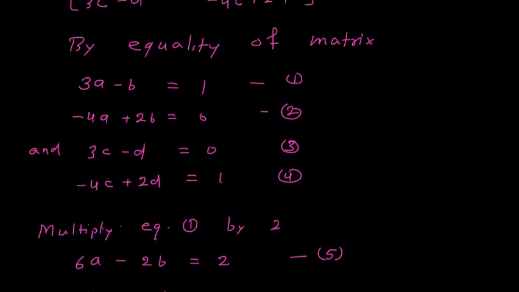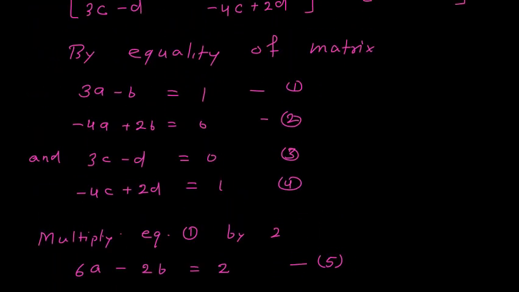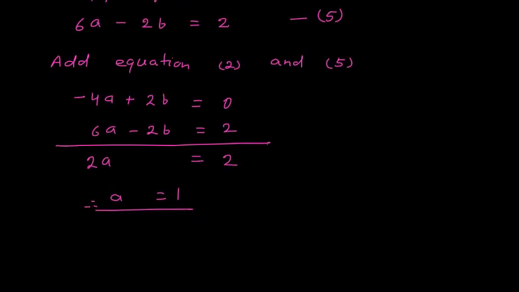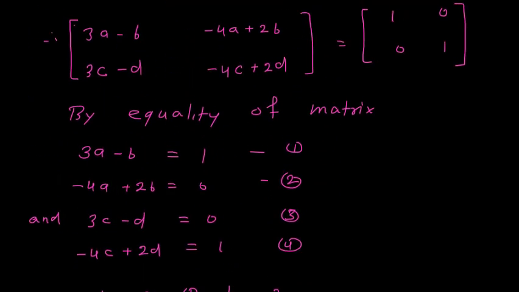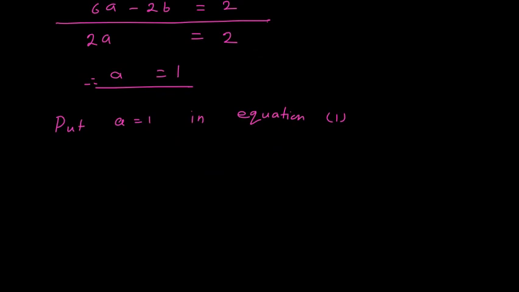Now we can substitute this value in equation 1. Put a is equal to 1 in equation 1. We have 3a minus b is equal to 1.